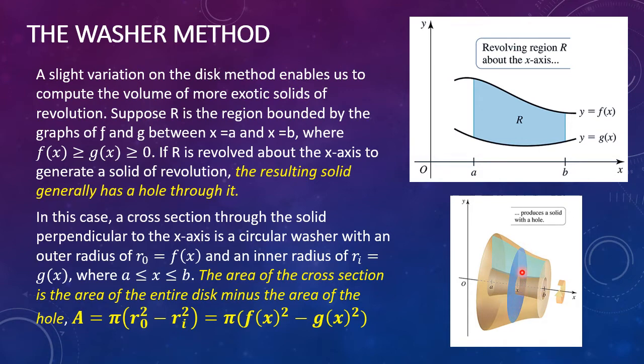And so this is really easy because with two expressions, the radius of the outer disk is going to be f of x. The radius of the hole is going to be g of x. And so we have pi times the outer radius squared minus the inner radius squared, which equals pi times f of x squared minus g of x squared. So it's very much similar to the disk method. We're just subtracting out the area of the hole.